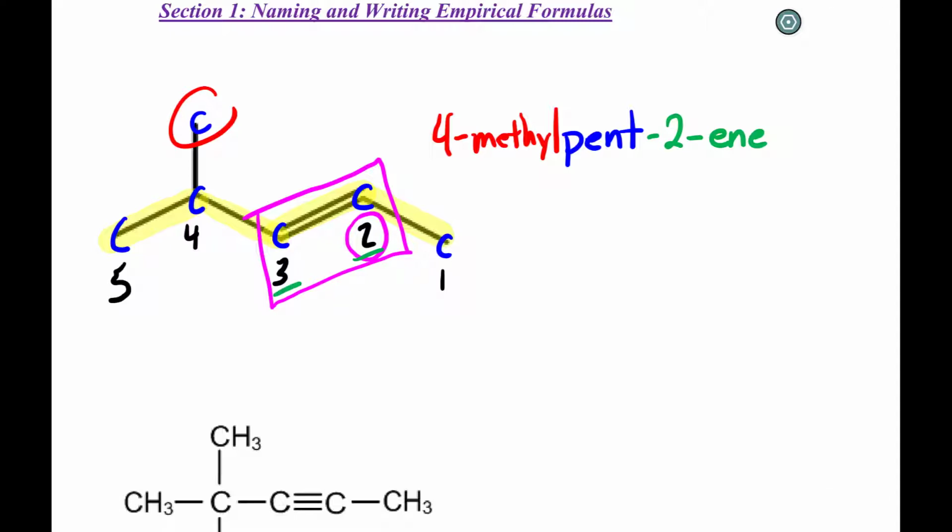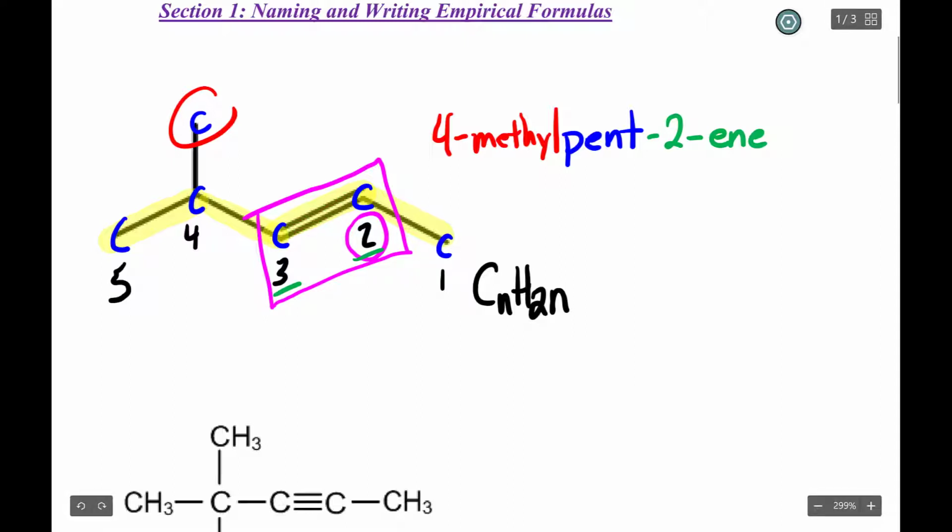Now, before we continue on, let's do the actual formula for this compound. A monoene, in chain form, which this is a branched chain, is going to have the generic formula of CnH2n. The formation of this double bond requires each carbon to lose a hydrogen, so that's why it's not 2n plus 2. This carbon had to lose a hydrogen, and this carbon had to lose a hydrogen in order to make that second bond.